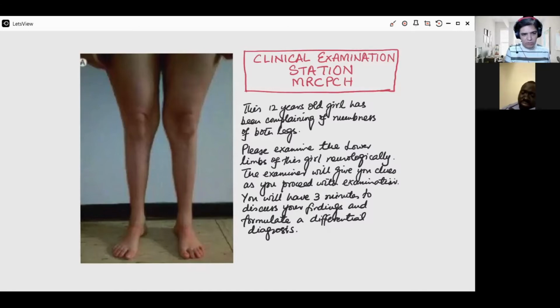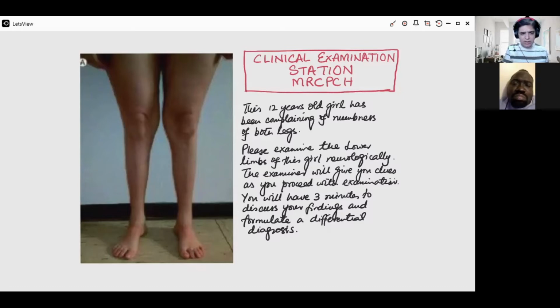Then the other thing, from the inspection, obviously you would say, I would like to examine the child from the back as well. What are you looking for at the back? You are looking for scars, tendon lengthening scars, any operations. Sometimes it would be the opposite, hypertrophy of the calf muscles, which goes more in favor of Duchenne muscular dystrophy, or Becker's muscular dystrophy, if that was the case of a boy.